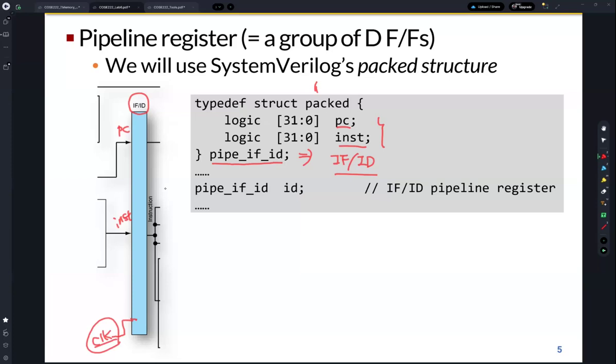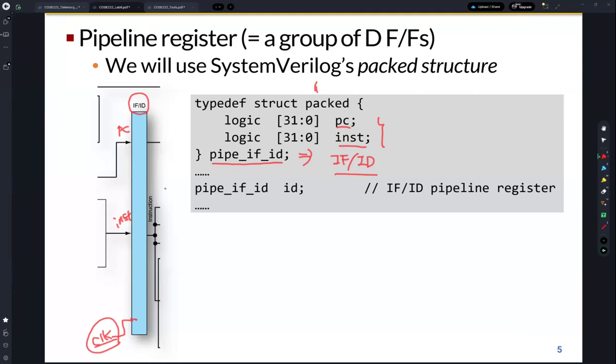right? So using the packed structure, this structure name is pipe_instruction_fetch_ID. Using this structure, I group the multiple variables, PC and instruction. The width of the PC is 32-bit, and the width of the instruction is also 32-bit, right?